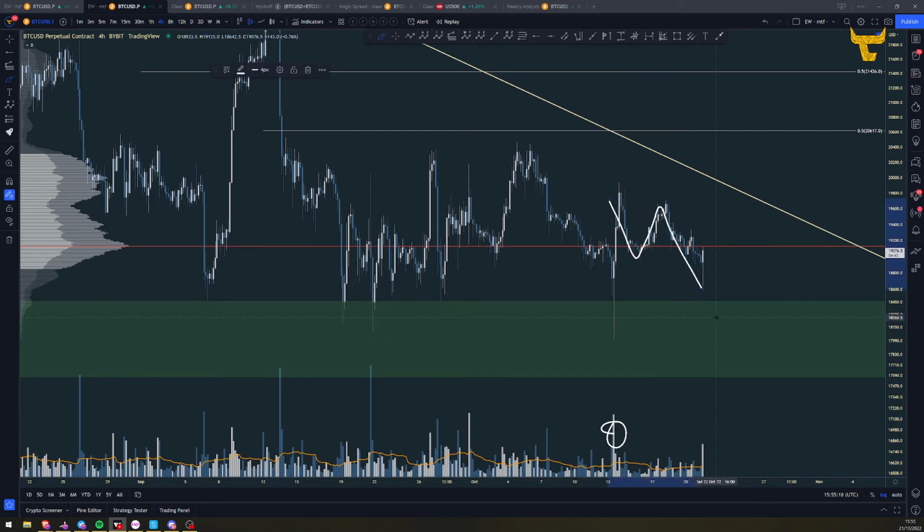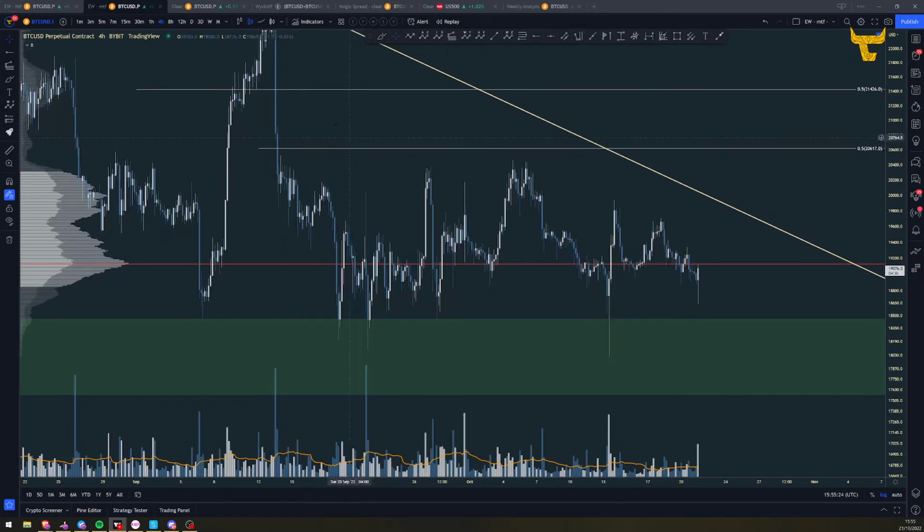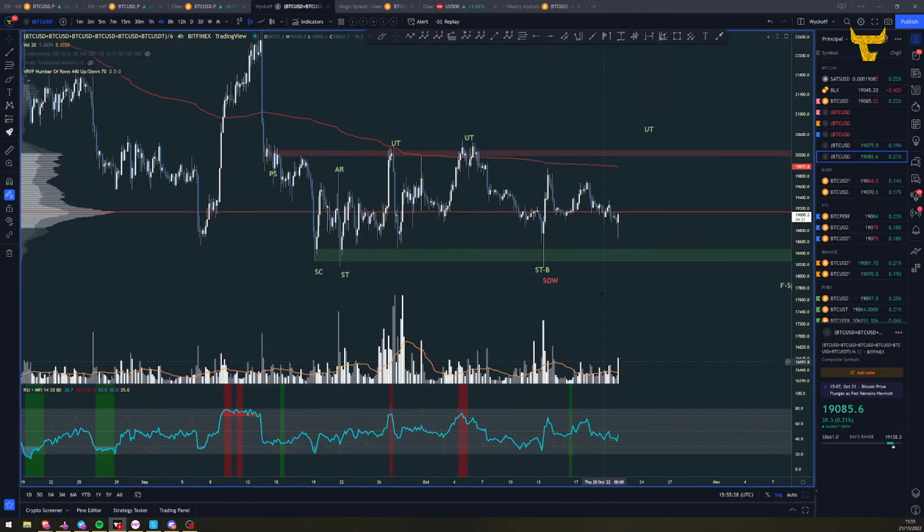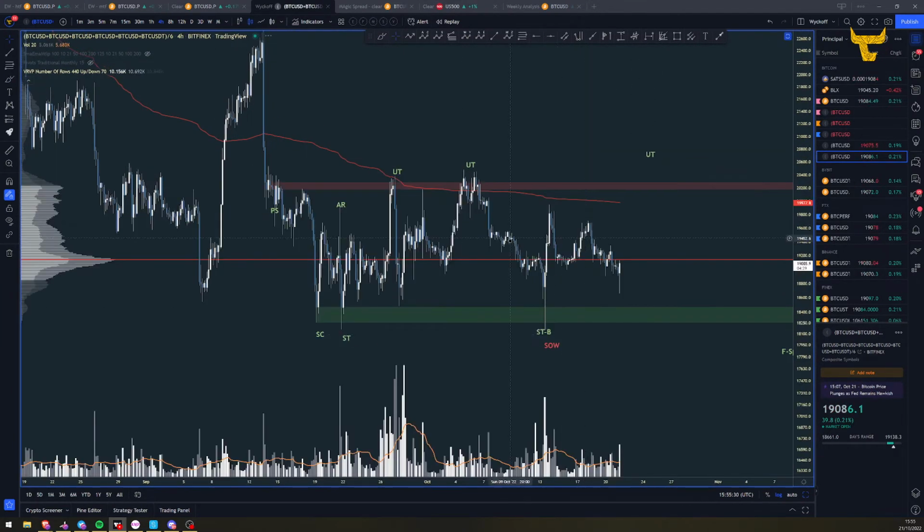Here, quite a retest. Still diminishing volume. If I'm looking at the aggregated spot chart, I see we are seeing diminishing volume here. Still a great reaction, even compared to this.